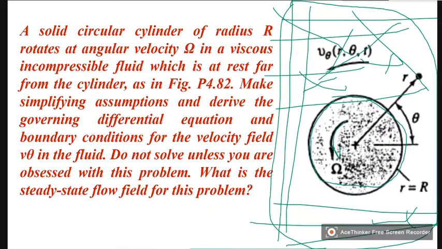So, normally what we consider no slip condition, here no slip condition is that at R is equal to capital R, there is a fluid velocity. What is it? R omega. This is V theta.